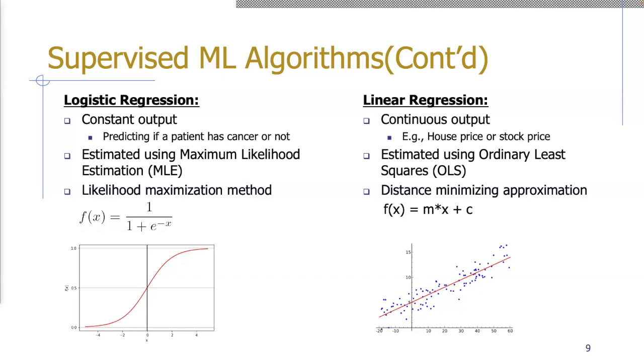So if the curve goes to positive infinity, y predicted will be 1. If it goes to negative infinity, y predicted will become 0.